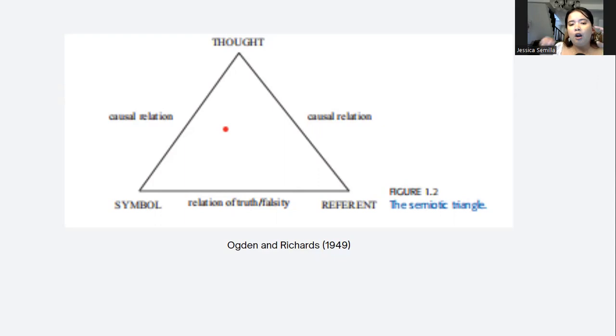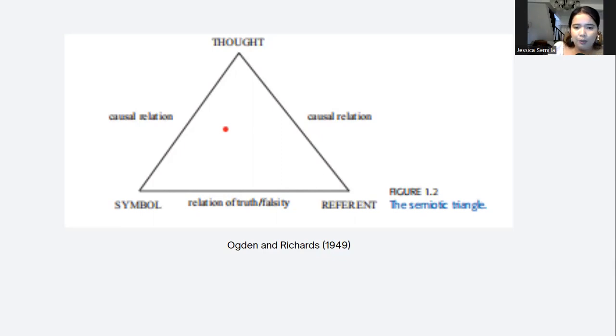On the other hand, between referent and thought, when you have a symbol and you refer that word to a certain meaning or a certain family of words, you create a thought that would create a causal relationship between the symbol and referent. For example, we're talking about tradition, and that's a symbol of the whole, maybe penitence.